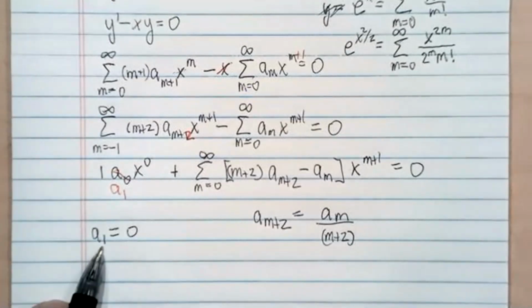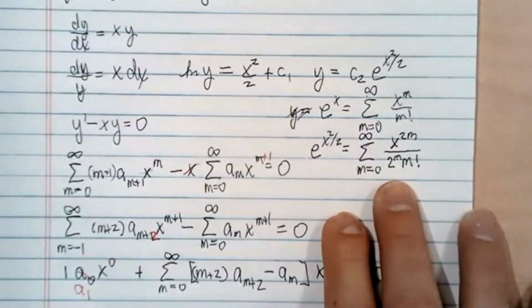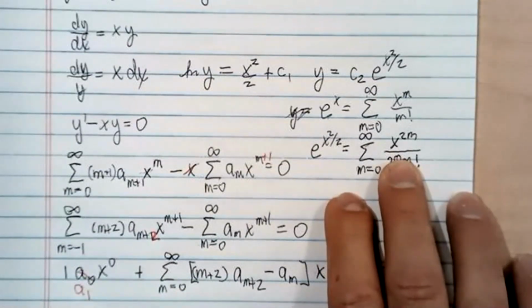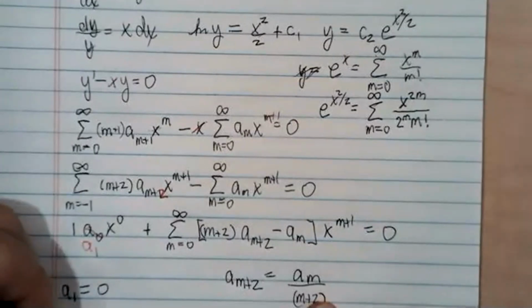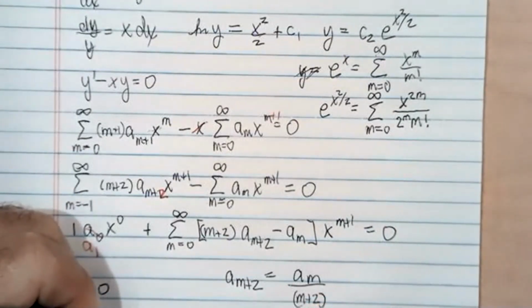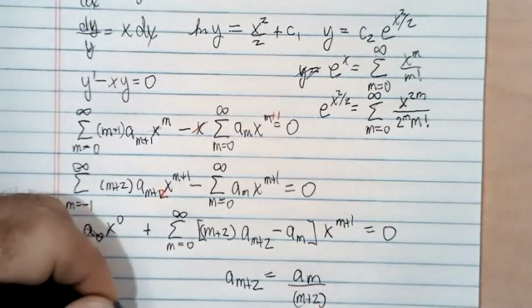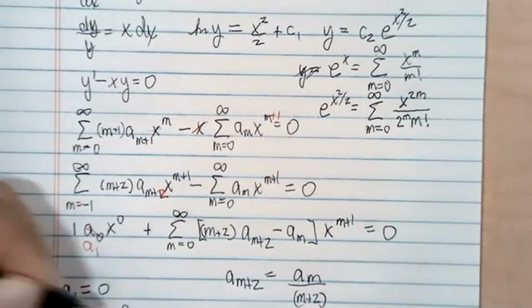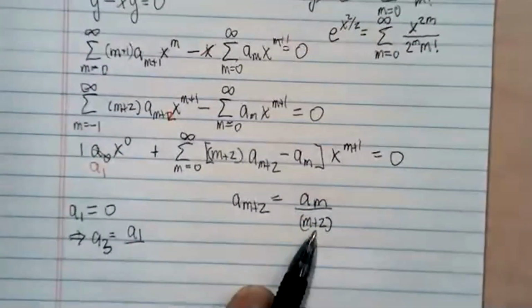Now this is producing one effect. We definitely want it. At this point here, you can see that you only get even powers on x. So when a1 is 0, that's going to force a3, a1 over 3. This number and this number agree.